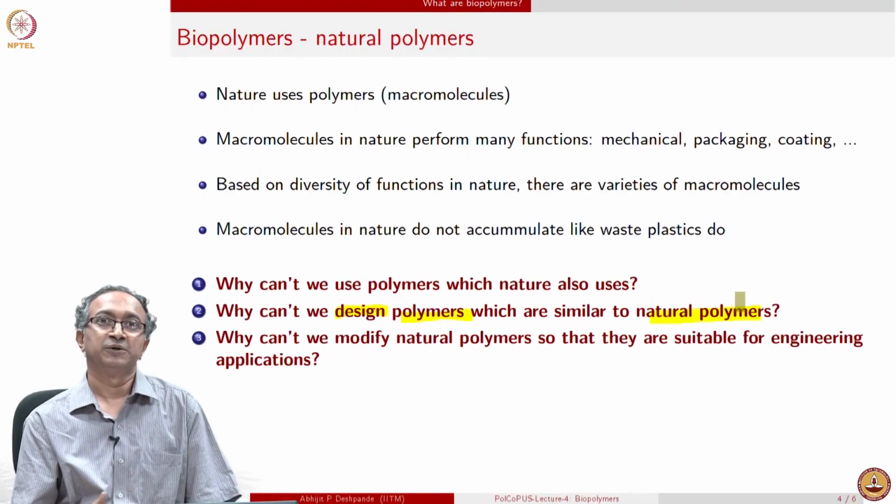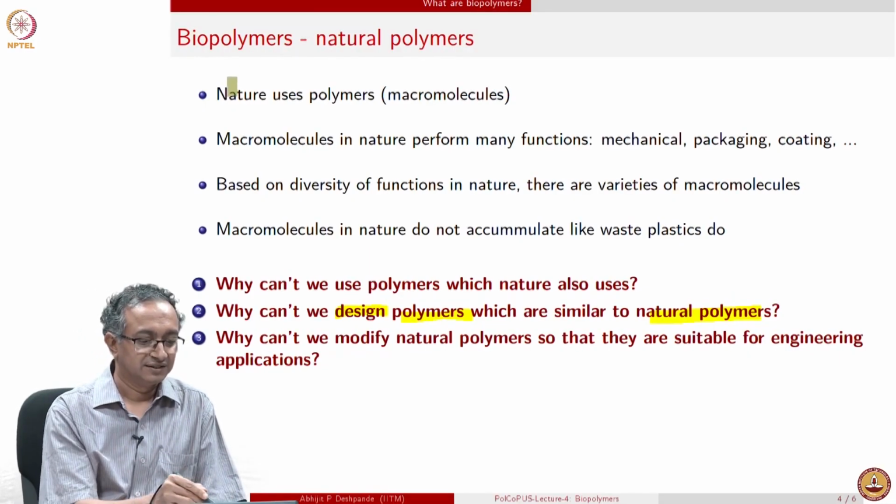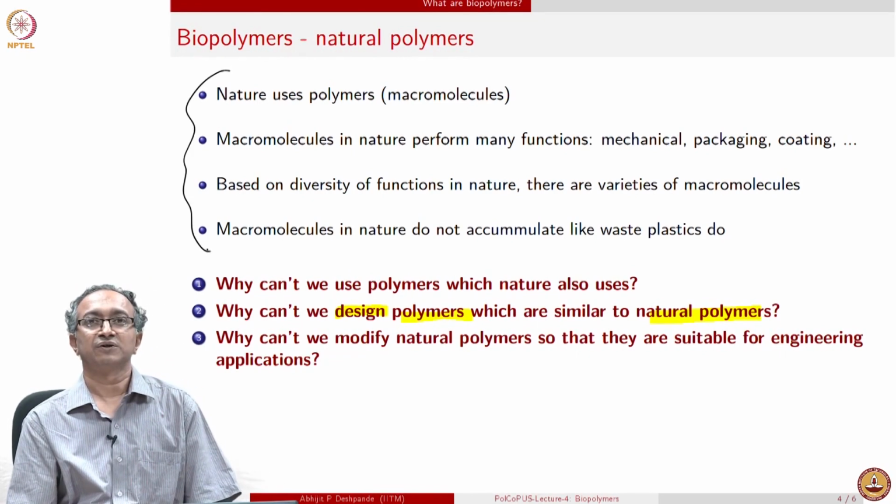The natural polymer may not be able to exactly do the job that we are looking for. So, can we design a polymer which has some of these advantages that we talked about, in the way macromolecules are taken care of in the natural world?